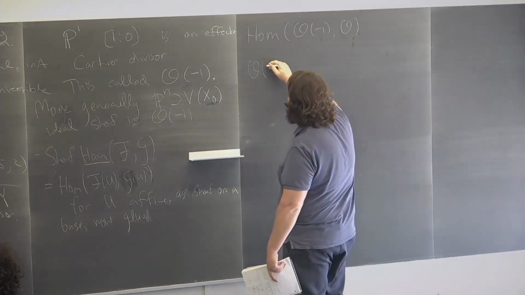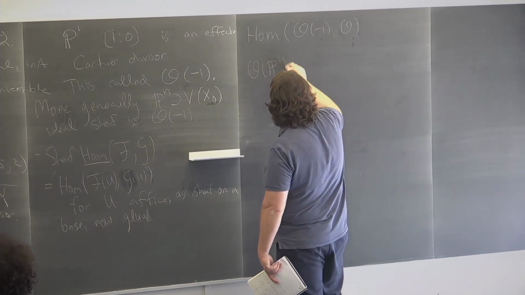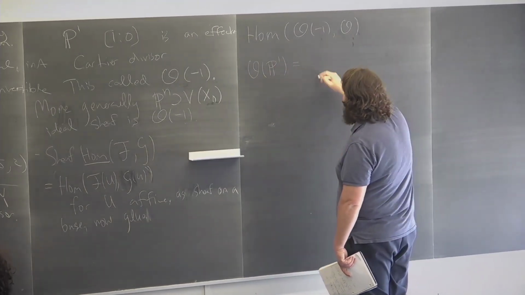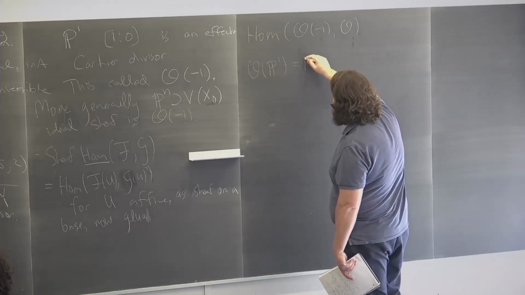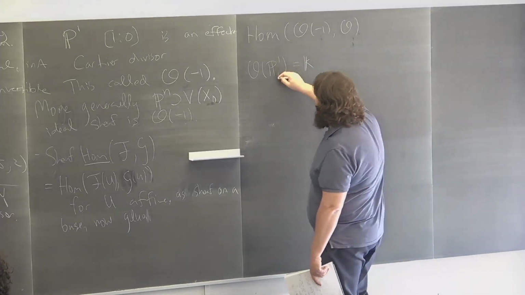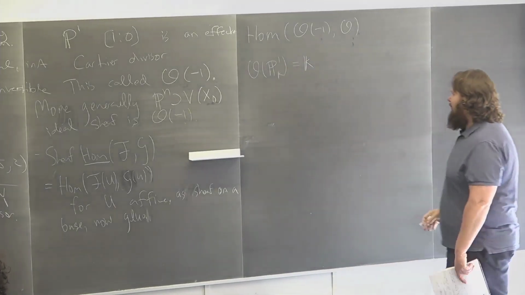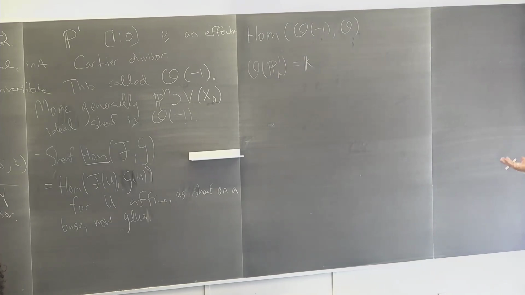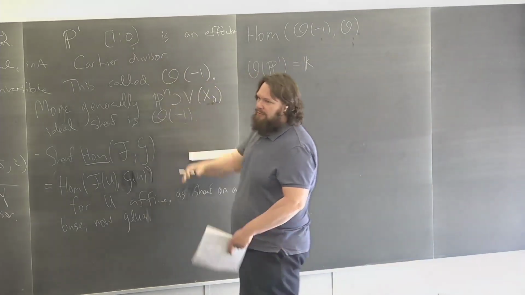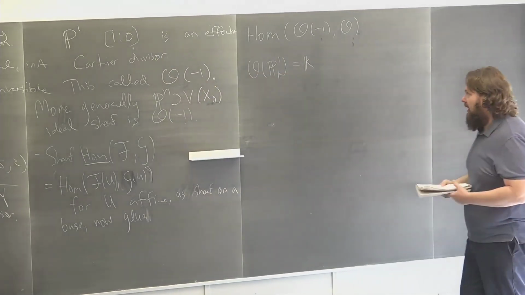Okay, so if I take global sections on P1 of O, then what do I get? I get just the constant functions. I'm working with P1 over some field, etc. Well, none of these vanish at this point. So none of these are in the ideal.